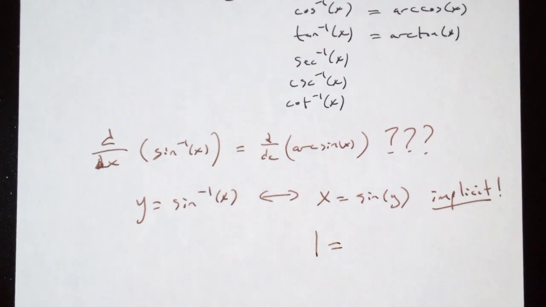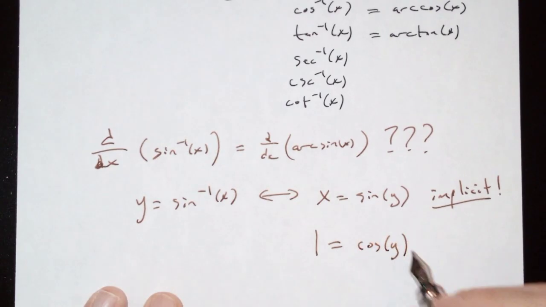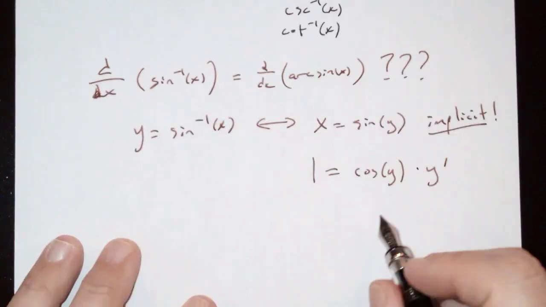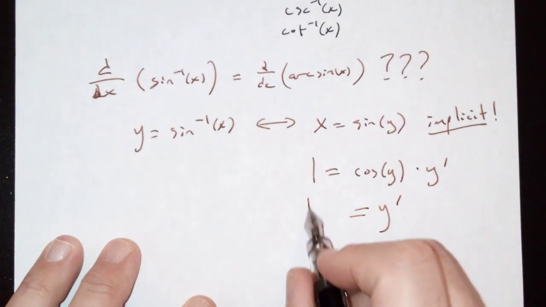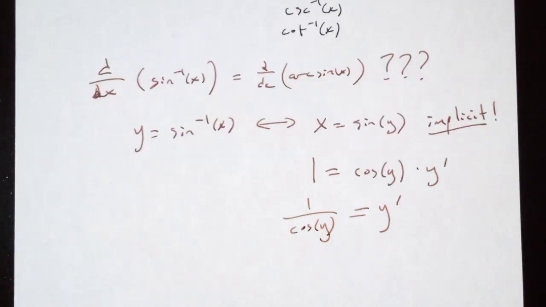What's the derivative of the sine of y? But wait, there's more. Because I'm taking my derivatives in x, what's the extra piece I need on the end here? Bingo. And that means that y prime is 1 over cosine of y. I'm done.